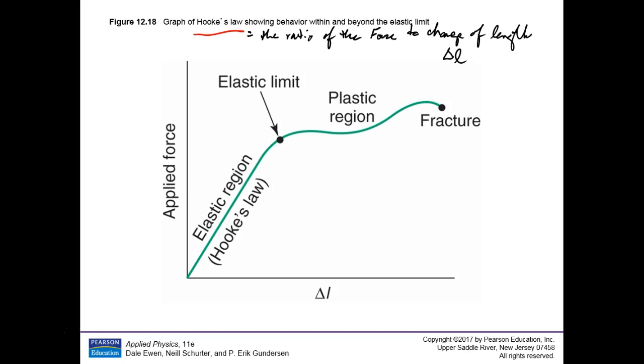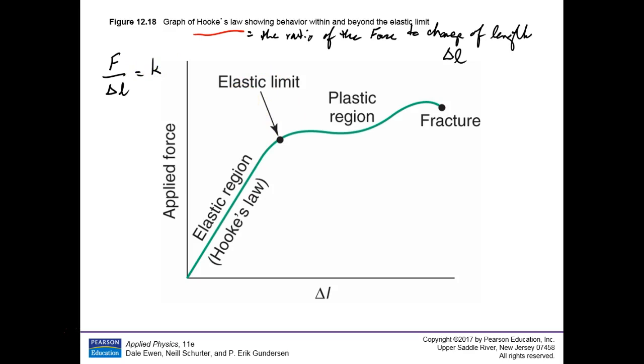What was the difference? Always final minus initial, generally. So Hooke's law says that the ratio of the applied force to the change of length is always a constant, up to the elastic limit.